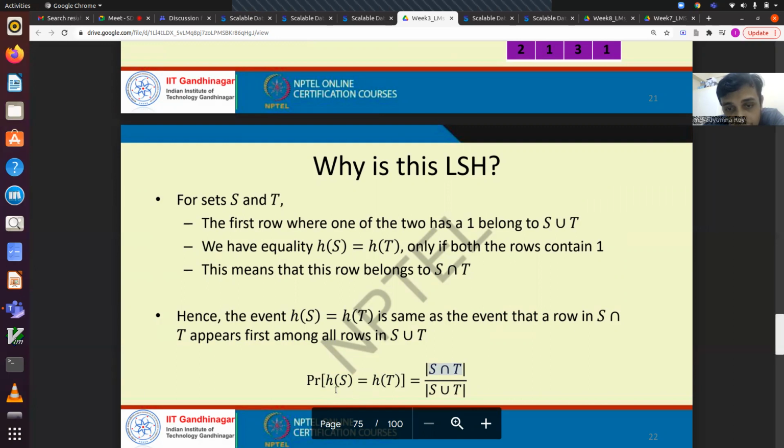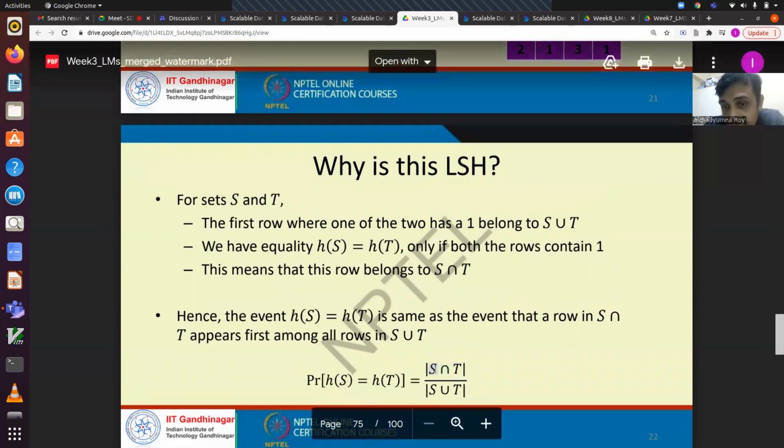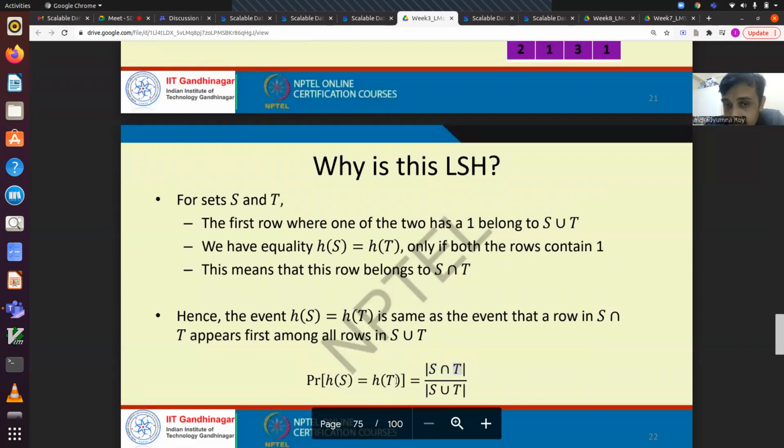If we randomly permute S and randomly permute T, what's the probability that they have the same first element? Minimum meaning minimum position. If they have the same first element, that means it is an element which appears both in S and in T, because the first element is the same for both, so it has to be a member of both sets.